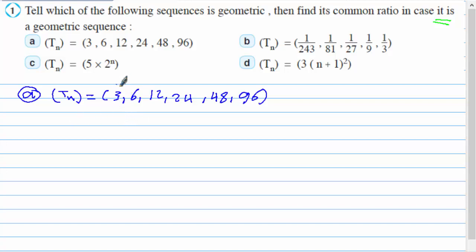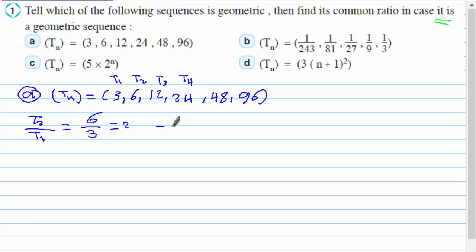Here we have T1 equals 3, T2, T3, T4, and so on. Now dividing T2 over T1, what is the result? It will be 6 over 3, which equals 2.